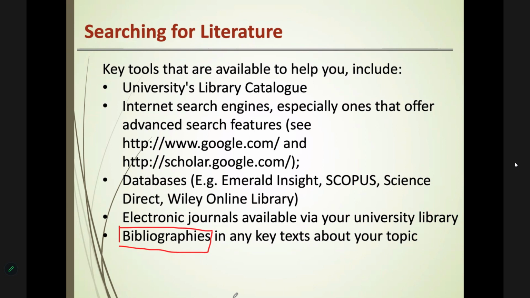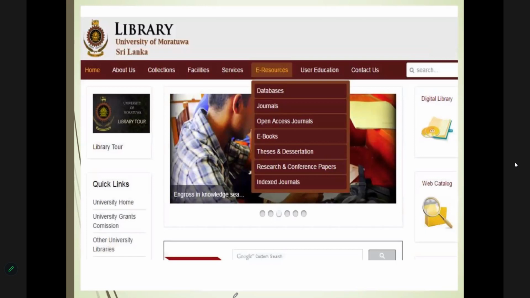And if you revisit the individual original sources, you can find more and more papers, right? So always make sure that when you read a paper, you also browse the bibliography in any key text about your topic, because the bibliography will give you an idea of the different papers published around your area.